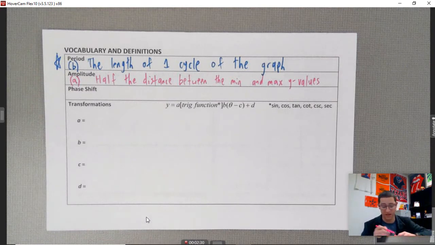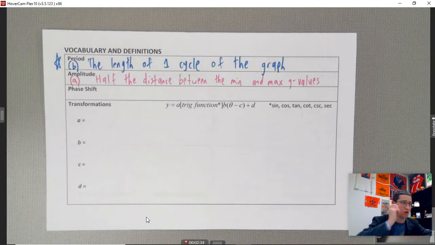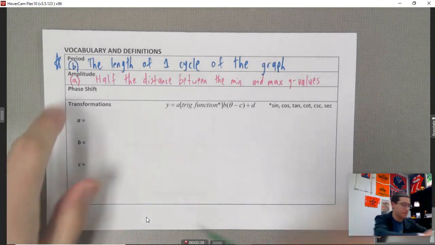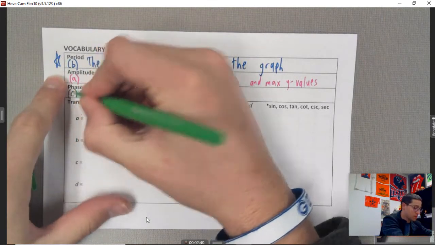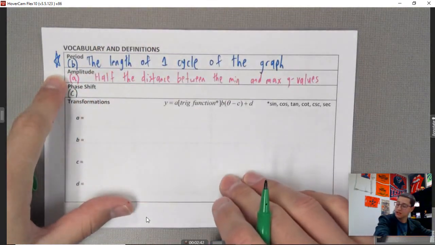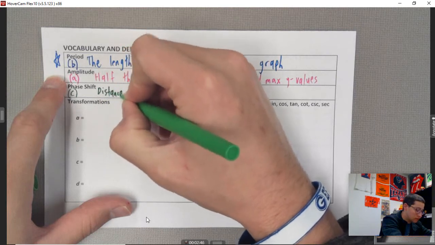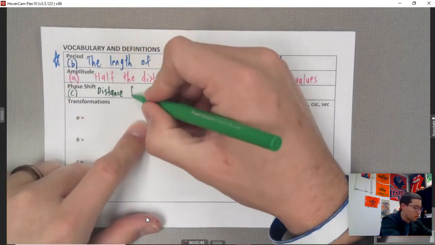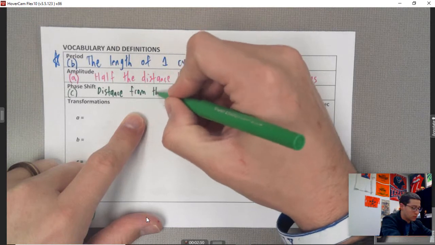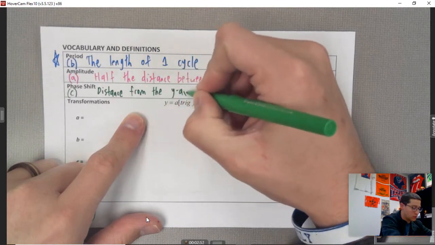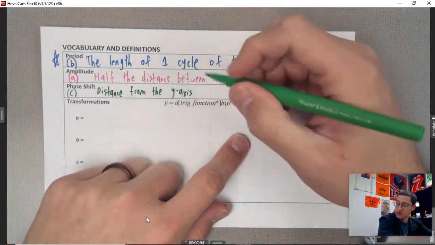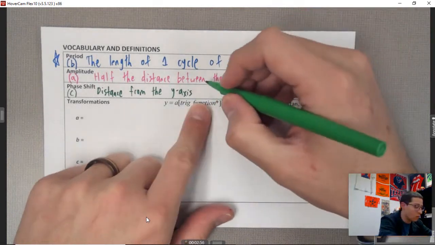And then the phase shift. The phase shift is almost exactly what it sounds like. It's a shift essentially from left to right. This is represented by c. This is the distance from the y-axis to the start of one period.